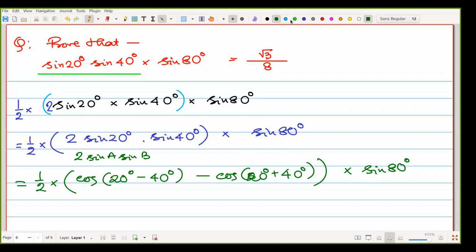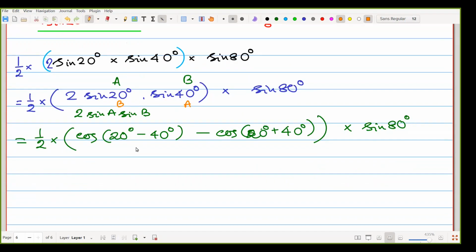Otherwise, if that one is A, that one is B, that means 40 degree is equal to A and 20 degree is equal to B, we can write it as cos of 40 degree minus 20 degree minus cos of 40 degree plus 20 degree, but both are same.